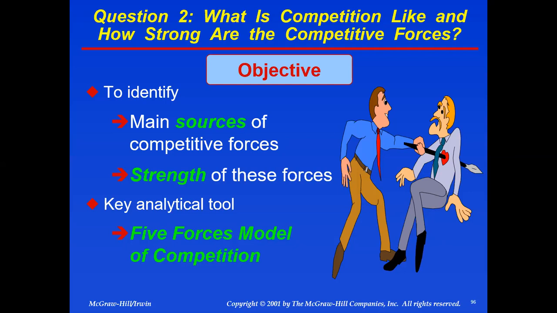So that is the same information we need to use in this question number 2, which asks what competition is like and how strong the competitive forces are. The major objective was to identify the main sources of competitive force and the strengths of these forces. And the key analytical tool, as I told you, is the five forces model of competition.